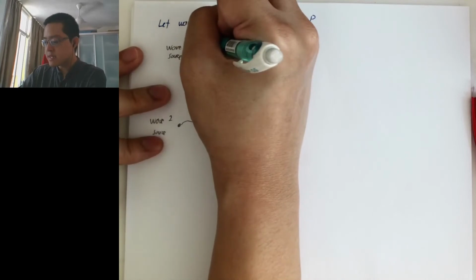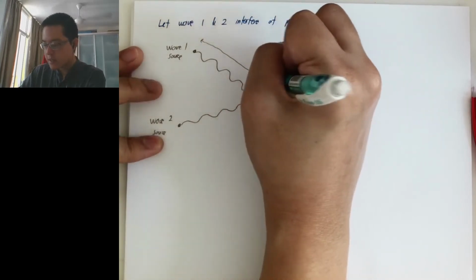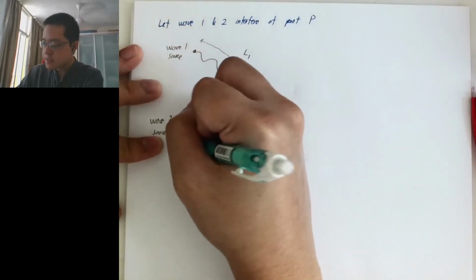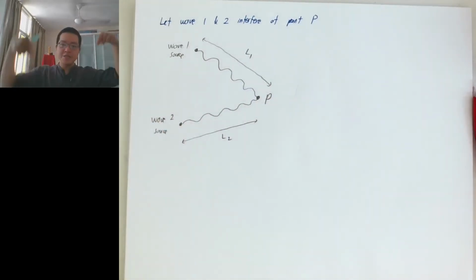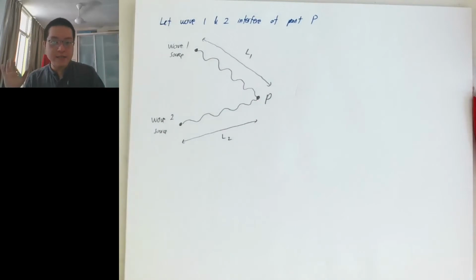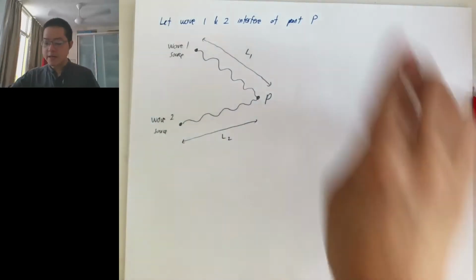The distance from here to here is L1. The distance from here to here is L2. Because I can shine it in any way, I do not expect L1 and L2 to be the same. They could be different. So let us calculate the interference.